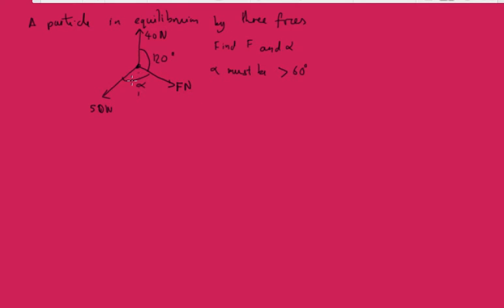So we need alpha to be greater than 60. This is important because if you were to just apply Lami, 40 over sine alpha equals 50 over sine 120, you're going to find alpha is 43.9, which mathematically is a solution, but in our problem it won't work.